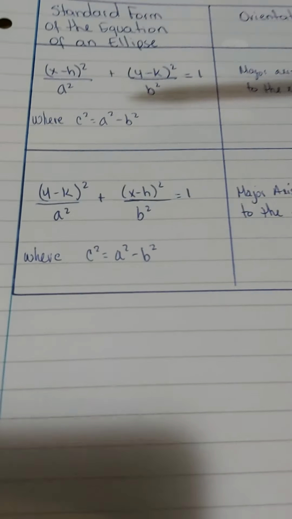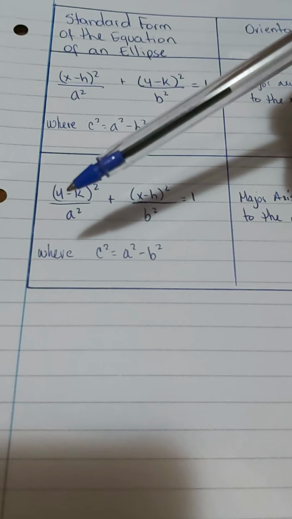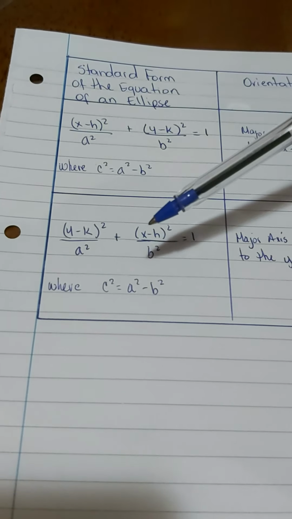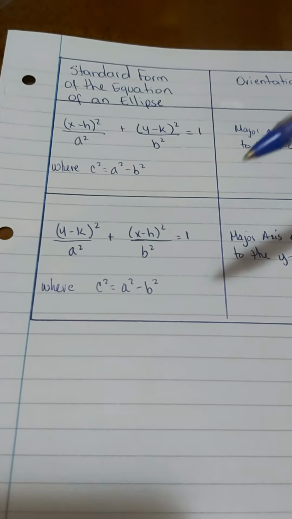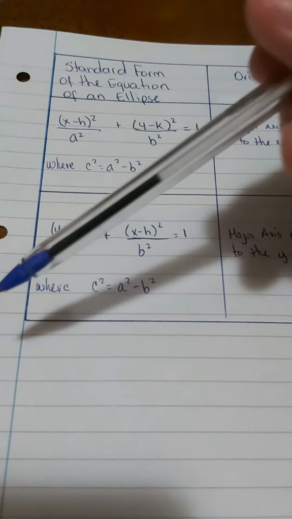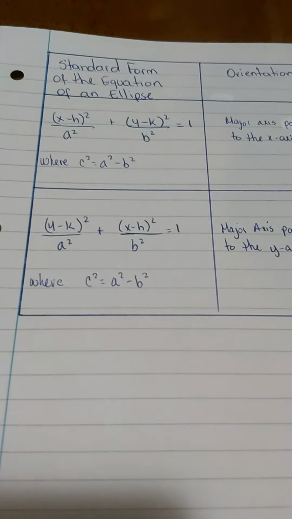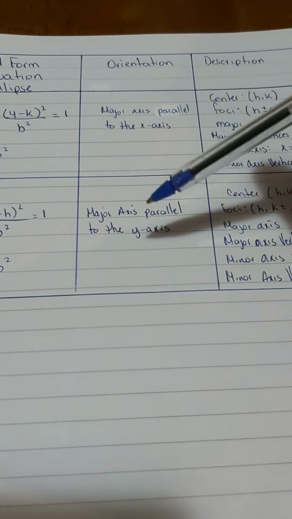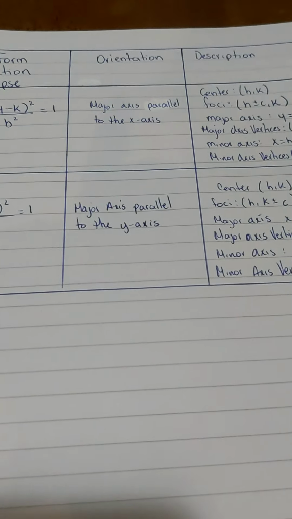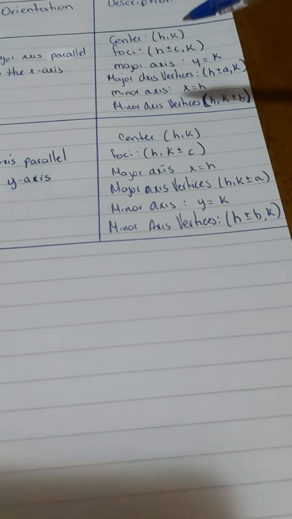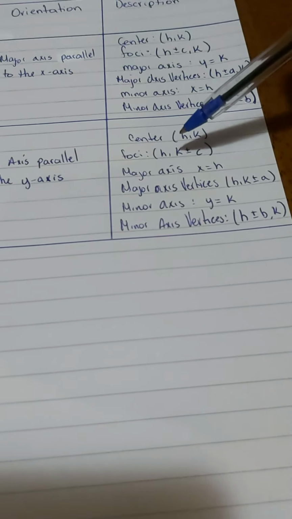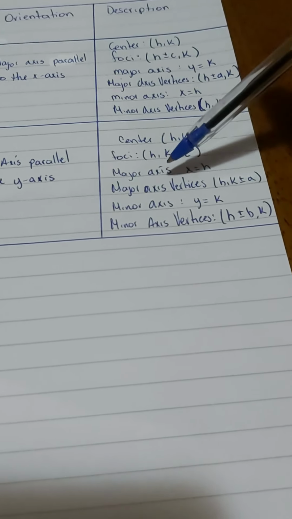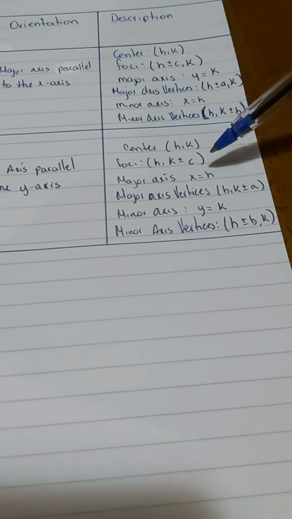Now, the standard form of the equation of the ellipse (y minus k) squared over a squared plus (x minus h) squared over b squared equals 1, and again, where c squared equals a squared minus b squared: the orientation of the graph will be that the major axis is parallel to the y-axis. The center will be located at (h, k). Foci will be located at (h, k plus or minus c).